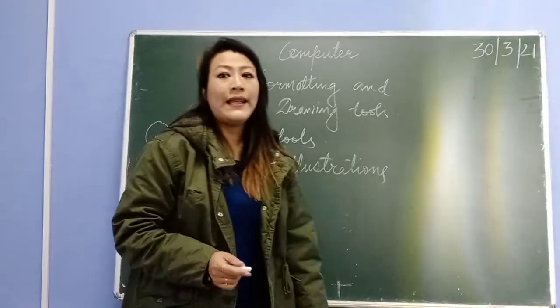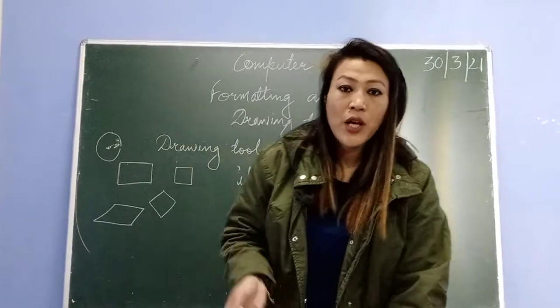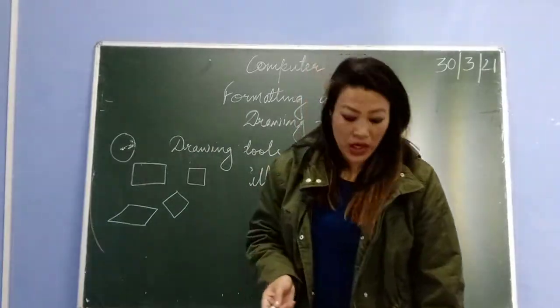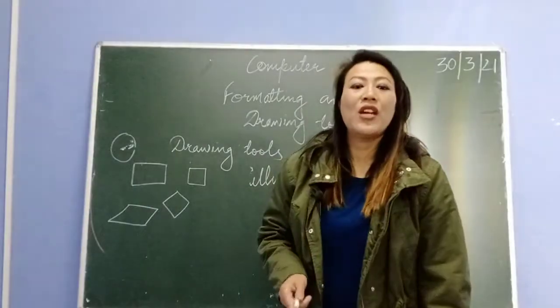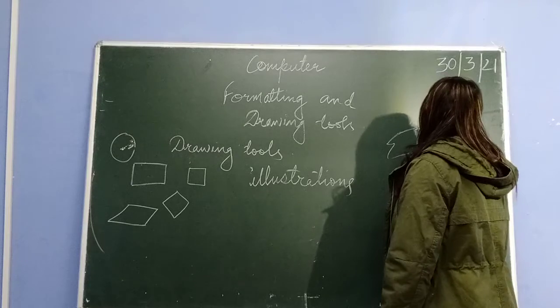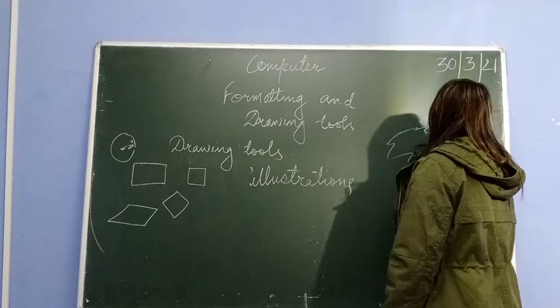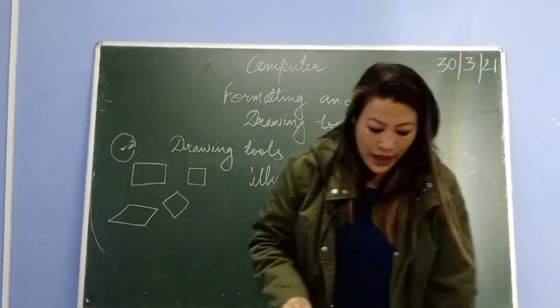These are all needed whenever you are creating a document. These all come under the illustration group. Not only this, you will get many other shapes like stars and banners. All these shapes are in the illustration group.